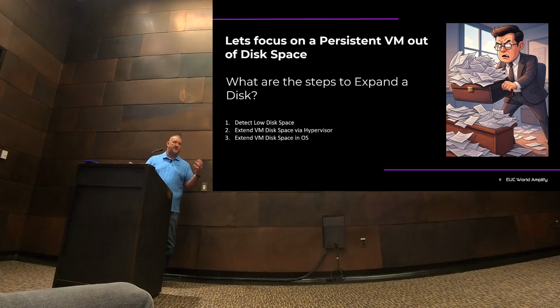With a persistent machine, you need to figure out how to get alerted of that. Second, you're going to extend the VM or the disk space in the hypervisor, whatever option you have. The third one, expand the disk in the OS. So there are 3 steps here, but technically there are a lot more than 3 steps going through it.